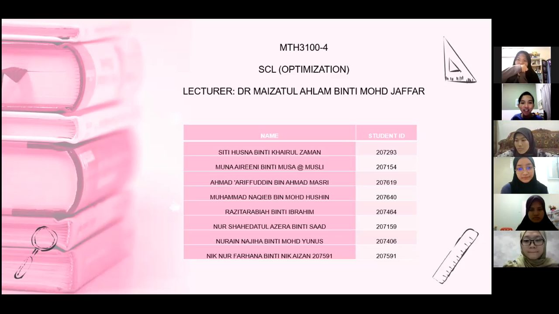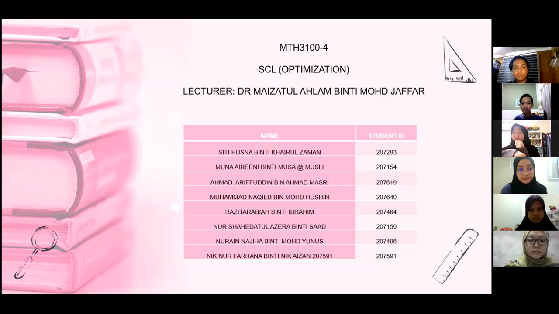So next, Arif. Hello everyone. My name is Ahmad Arifuddin bin Ahmad Masri. My matric number is 207619. Then Farhana, can you introduce yourself? Hi, my name is Nitnofana binti Nik Aizan and my matrix number is 207591.